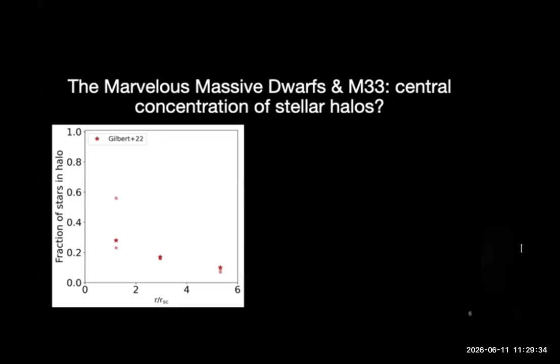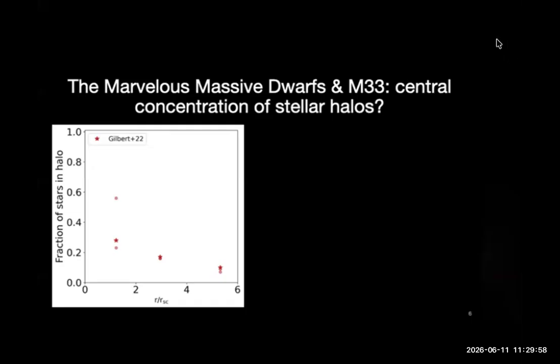And then on the y-axis, what I'm showing is the fraction of stars that are occupying halo orbits rather than disk orbits. In the red is the actual data from the T-Rex survey. So the stars show the average for each radial bin, and then the circles show what was measured in different halves of the disk. So you can get an idea of the level of variation that's seen throughout M33.